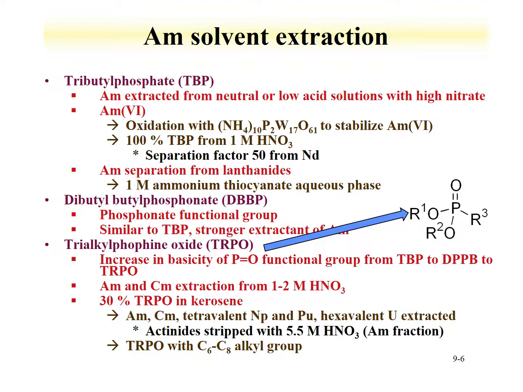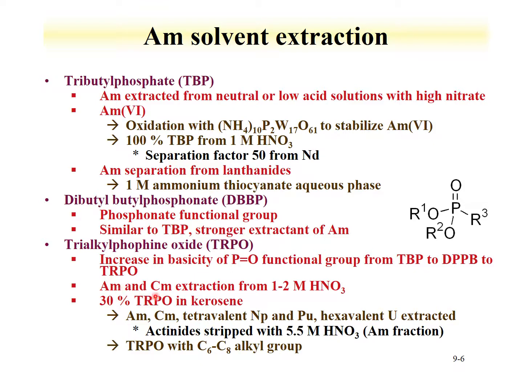Again, one of the differences between the tributyl phosphate and this molecule is that you're missing the oxygen here in this molecule compared to tributyl phosphate. This increase in the basicity of the functionalized part of the molecule has a way of tuning the extractions compared to the tributyl phosphate, the dibutyl butylphosphonate, and the trialkyl phosphine oxides.